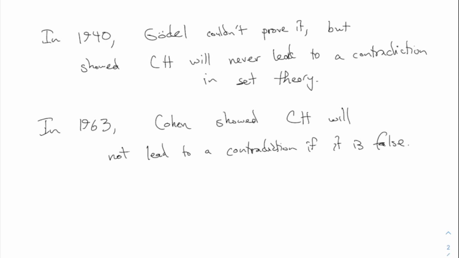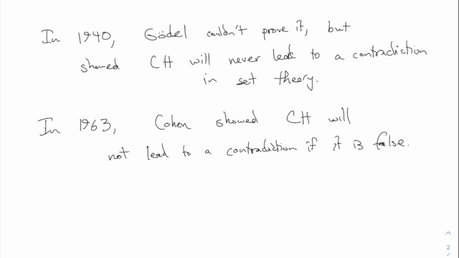So Gödel showed that if it's true, it leads to no contradiction. And Cohen showed that if it's false, it leads to no contradiction. All right? What this means basically is it might as well be true or false, and you can never prove it either way. That's basically what that means about the continuum hypothesis.